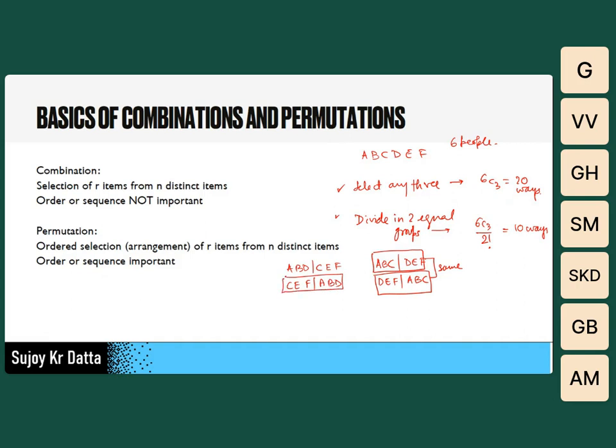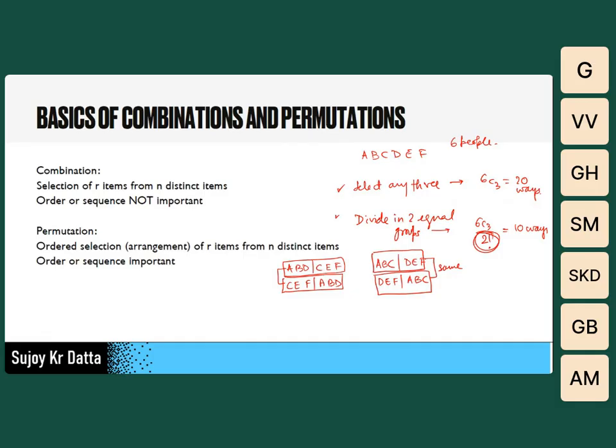But then this way of splitting is also the same. So we should count only one of them. So every time we do a 6C3, I have to divide by 2 factorial because of the order that is automatically coming in. So it will be half of the number. Is it clear? 6C3 divided by 2 factorial.